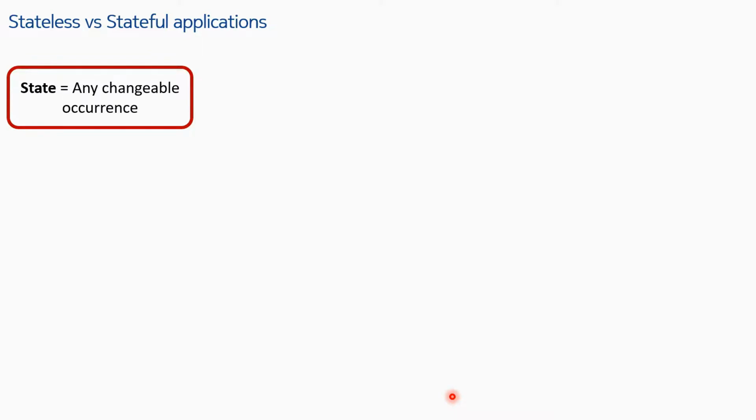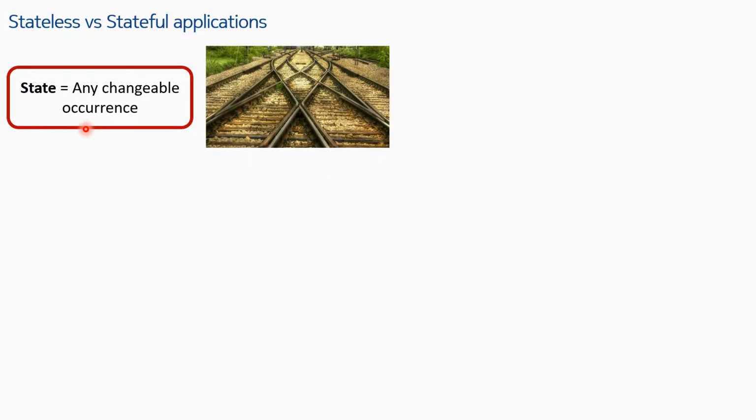Generally, people say any occurrence is a state, but that is not completely true. State means any changeable occurrence, anything which keeps on changing always.